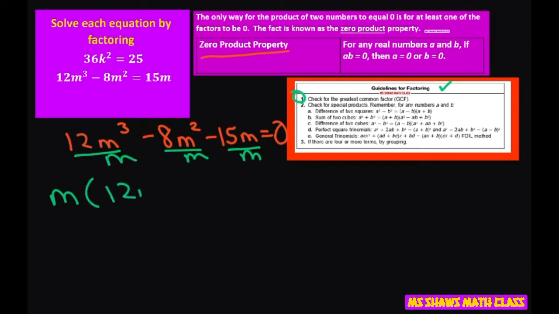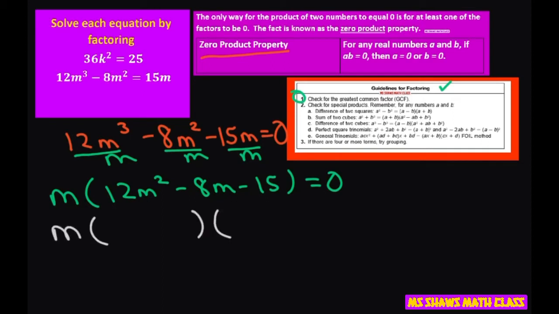So instead of losing the divisor, pull it out here. You have 12m squared minus 8m minus 15 equals 0. And then from here, I'm going to have to factor. This one's a little harder. So what I'm going to do is go ahead and start with 4m and 3m for the 12.